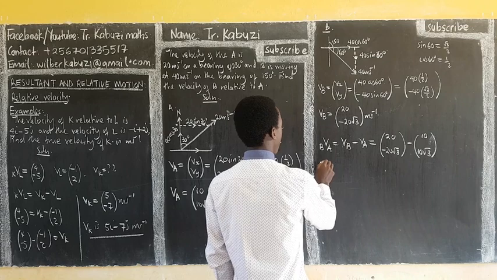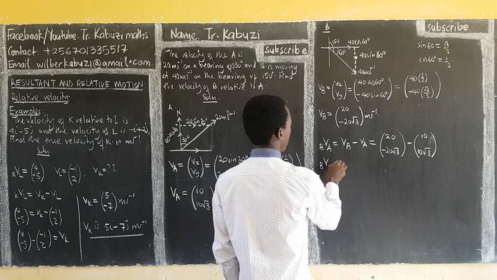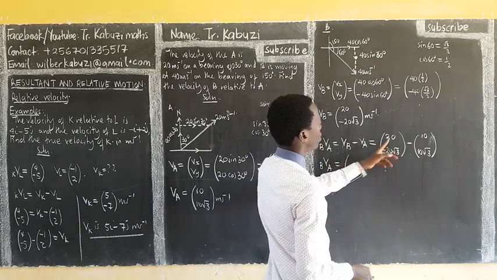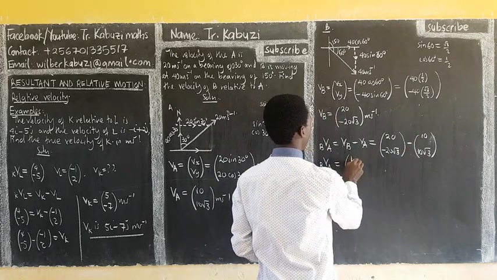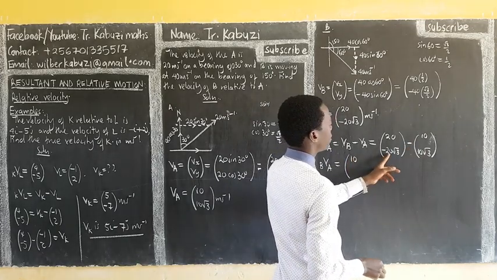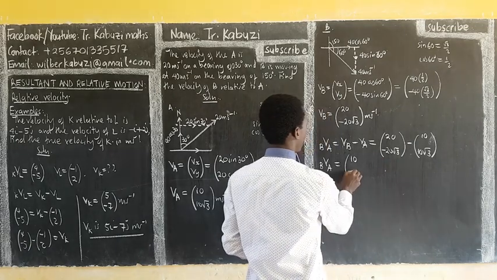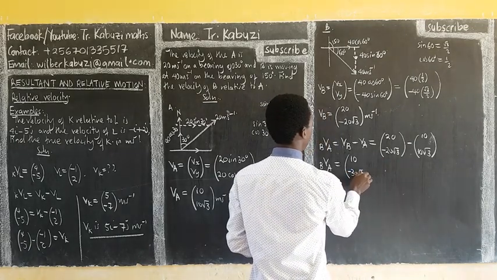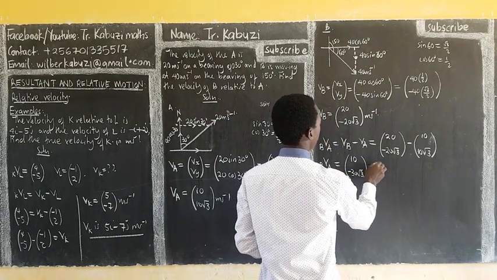And so B relative to A is going to be 20 minus 10, which gives us 10, then negative 20 root 3 minus 10 root 3, which gives us negative 30 root 3 meters per second.